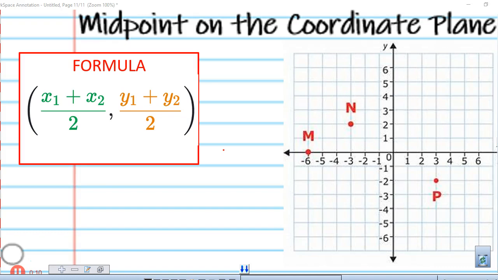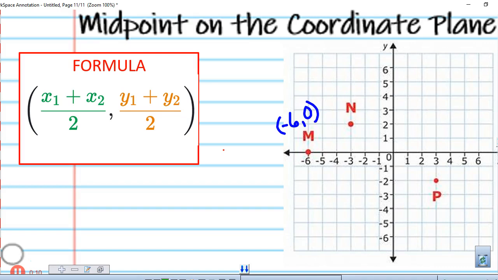So let's go first and find the ordered pairs of our points. So the ordered pair for M, the x value is -6, the y value is 0. So the ordered pair would be -6, 0.